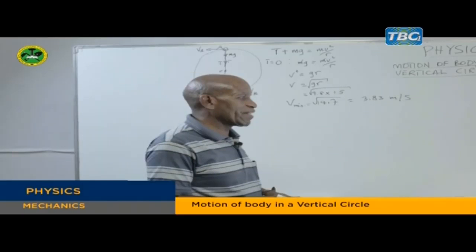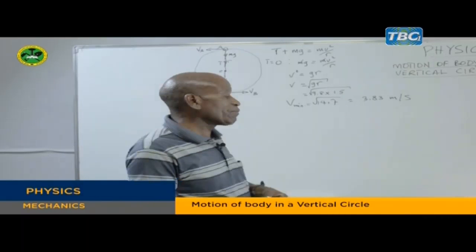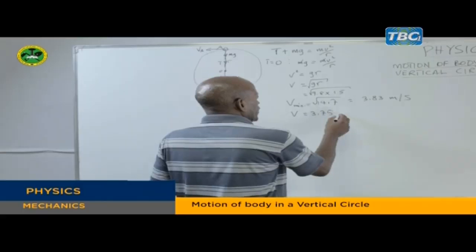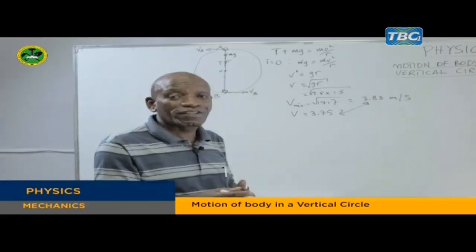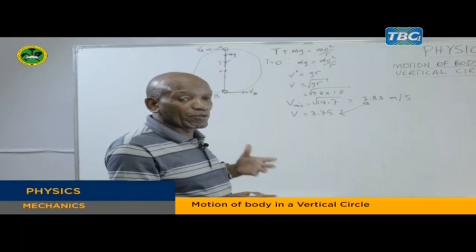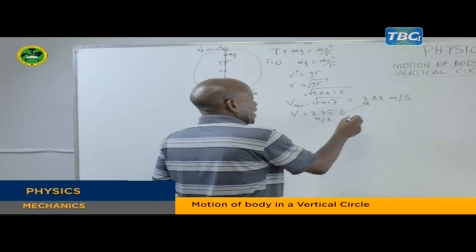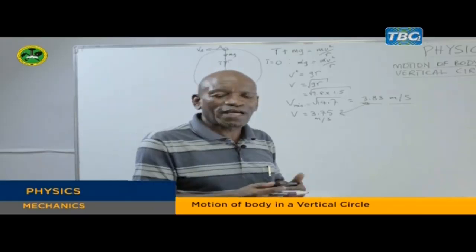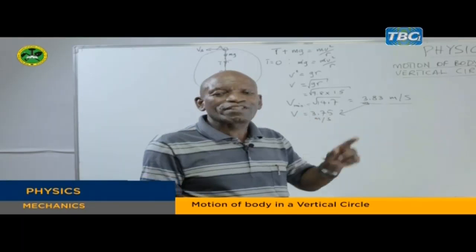But here we are given that that particular bucket passes at the highest point with the velocity of 3.75. Now you need just to compare the velocity at which this bucket passes at the top, which is 3.75 meters per second, and the actual minimum velocity for such a bucket to possess without making the string slack.